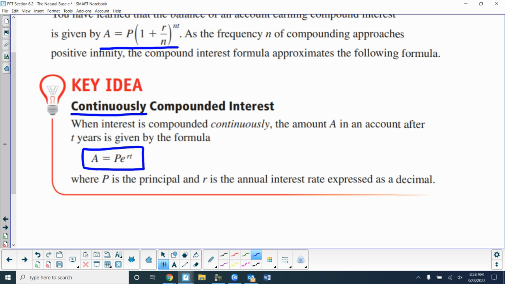Where's that E come from? That's that natural exponential function, right? That's that second natural log button. P is still what you start with, the principal. R is still your interest rate. Move the decimal point 2 places to the left. T is still the number of years.